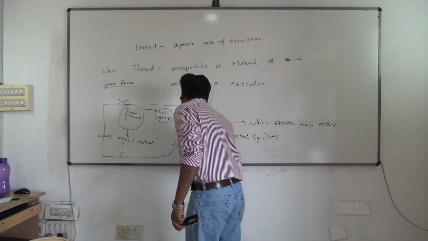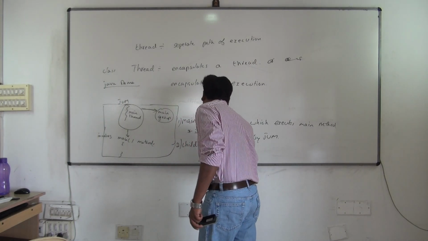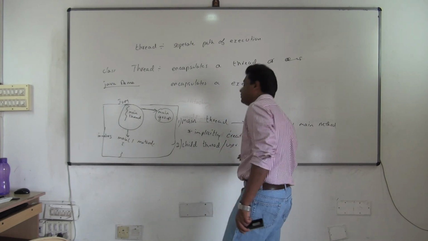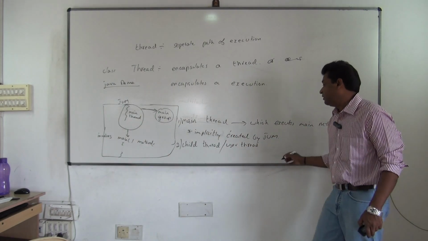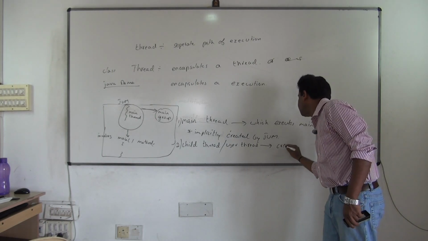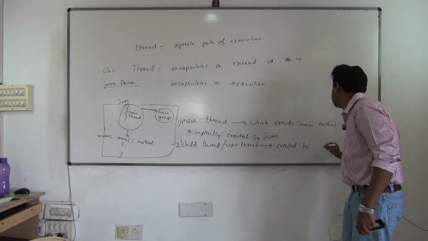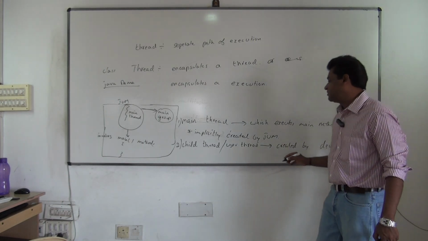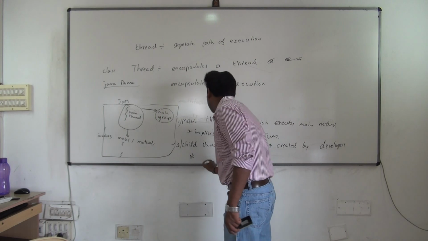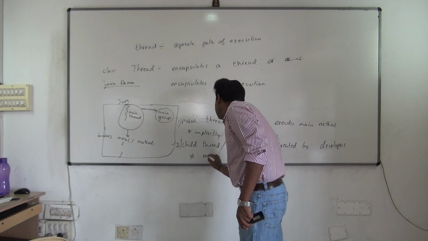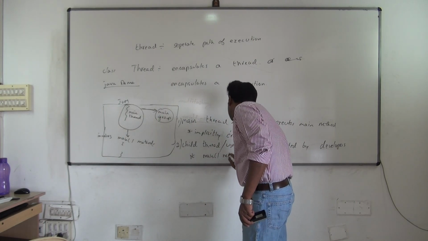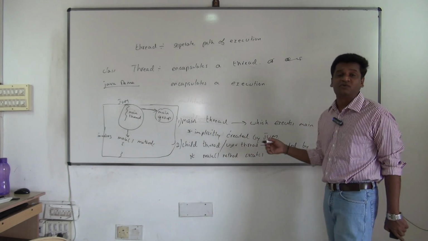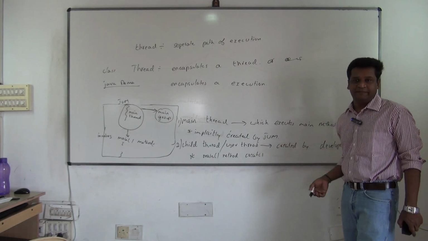Second, we can create child threads, also known as user threads. A child thread is also known as a user thread. And this is created by developers. The main method, or main thread, creates the child thread.